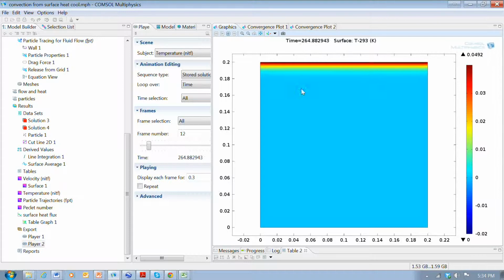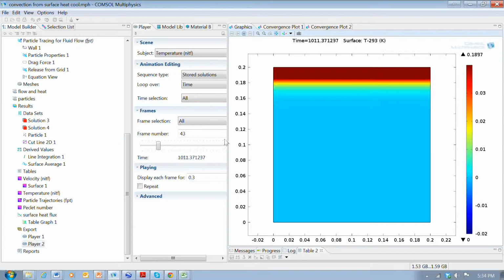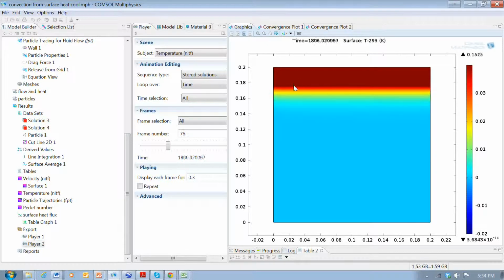First of all, we're heating up the surface. That causes the upper part of the water to heat up, and we're running it for an hour period. Okay, so we're at 1,000 seconds. 1800 will be the peak heating. So right now we've reached the peak heating, and now we're actually starting to cool.